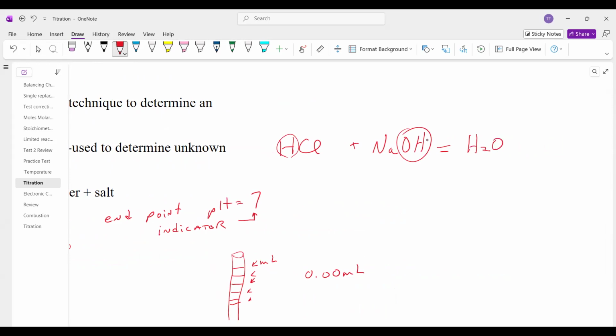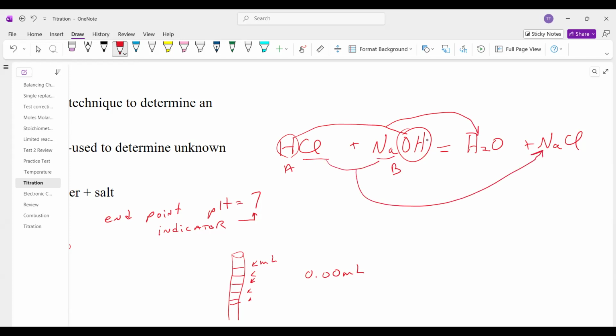And what's left over is sodium chloride, common table salt. So acid, base. Now, if there's equal moles of H's and equal moles of OH's, then we have none of those left over because they've all been formed into water. So these guys here form the water, and then these guys form the salt.